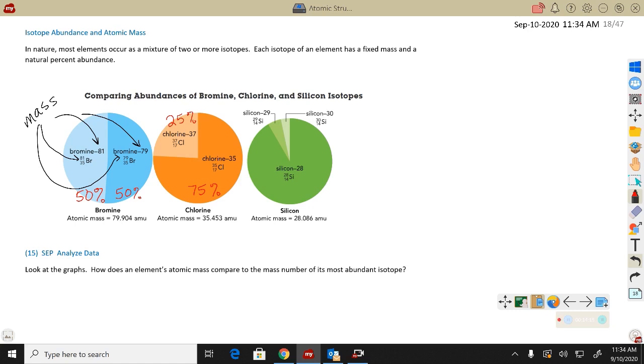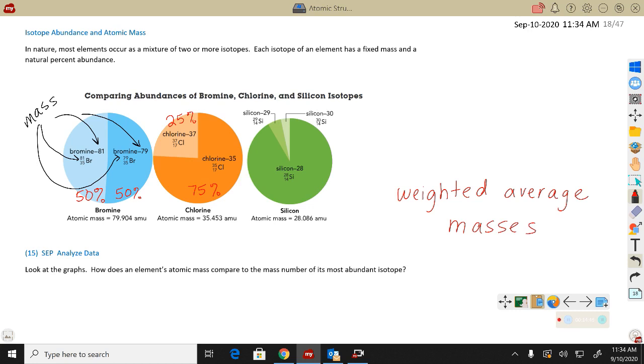So they're equally abundant. Well, when we report these masses on the periodic table, we call them weighted average masses. They take into consideration the abundance of each isotope and the mass of each isotope.